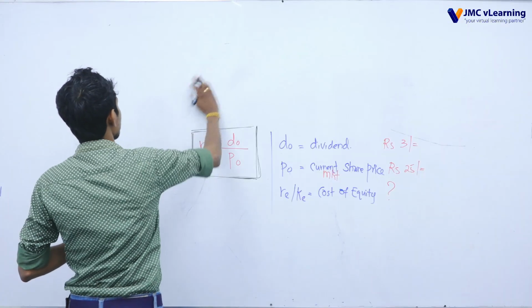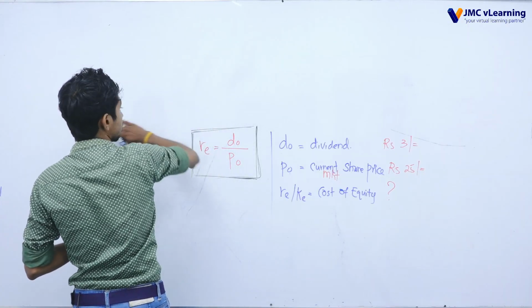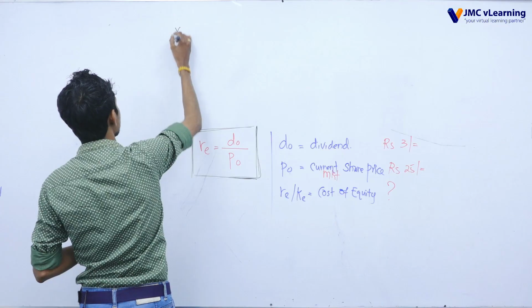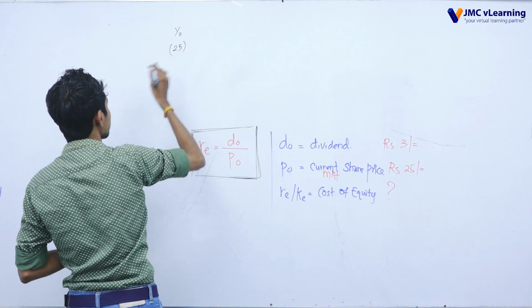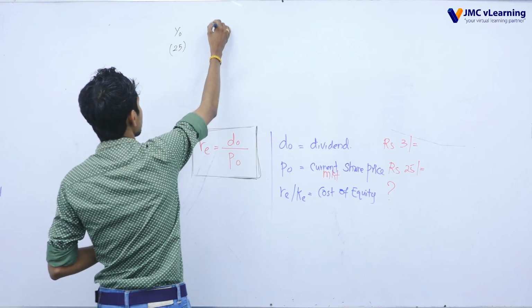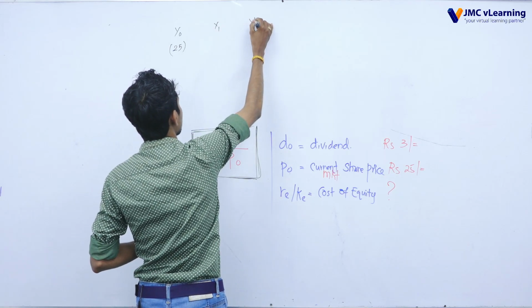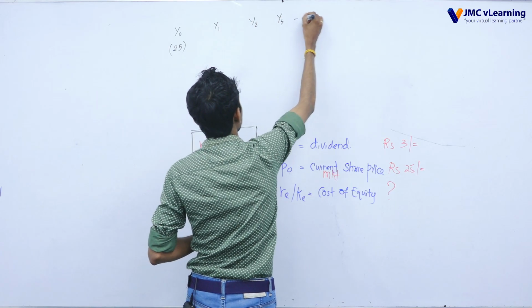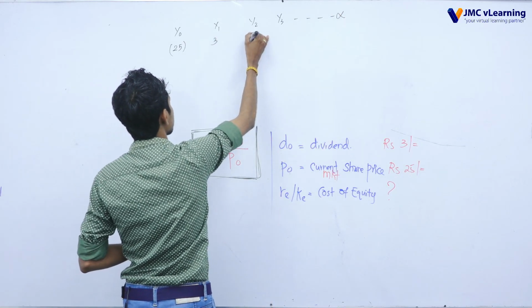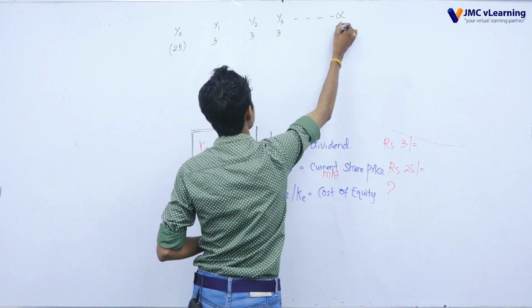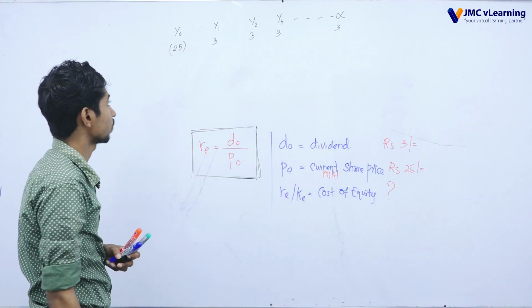Then I will show it as a presentation. In year 0 we will purchase particular shares by investing 25 rupees. Year by year I will receive the 3 rupees dividend per share till infinity.